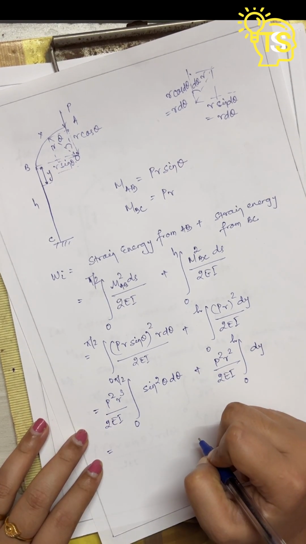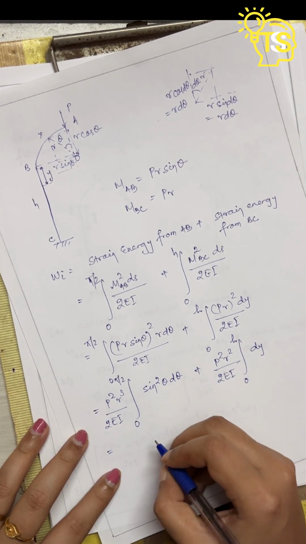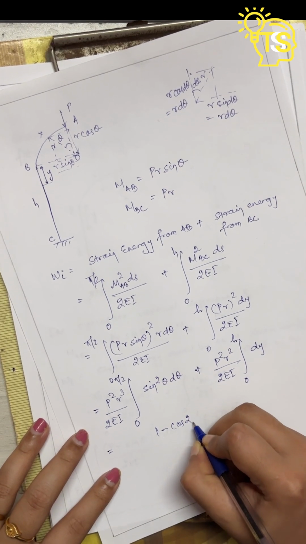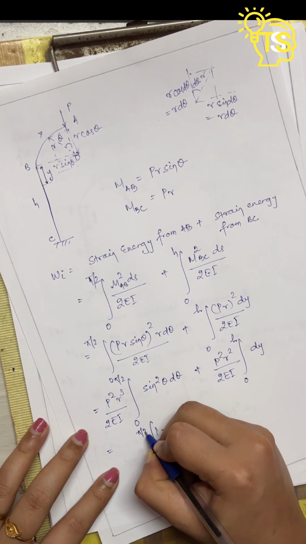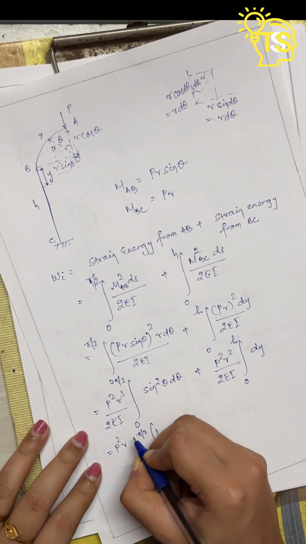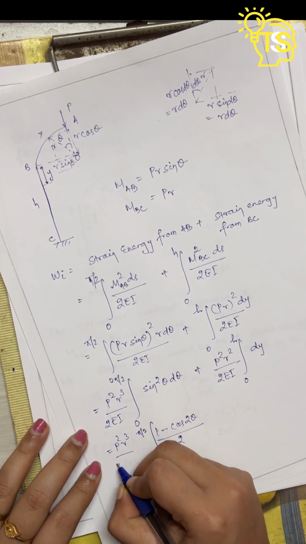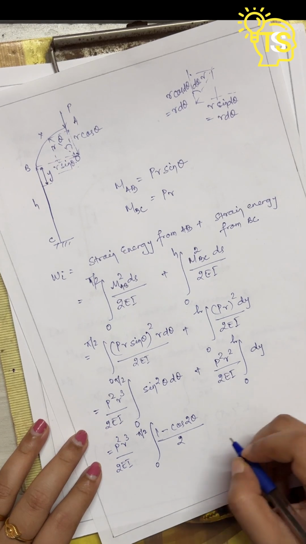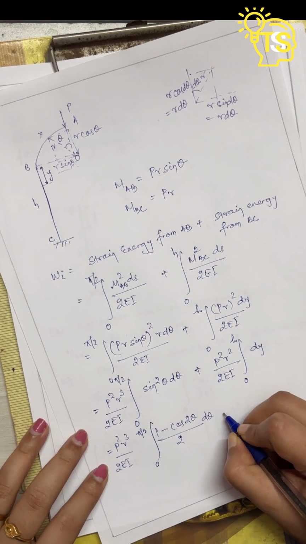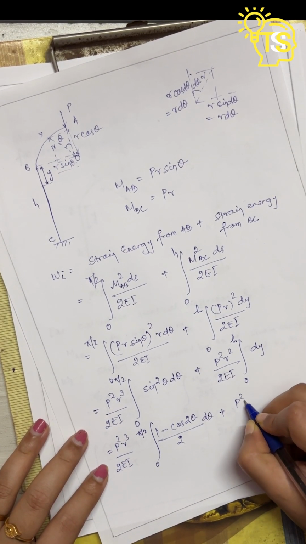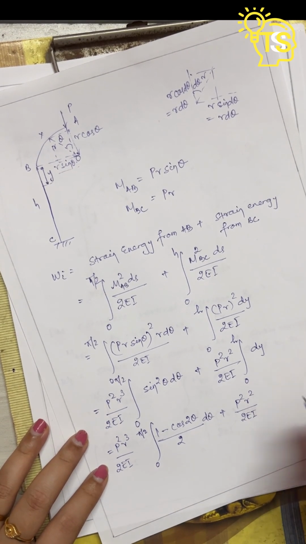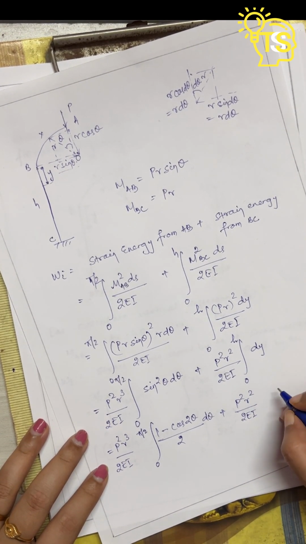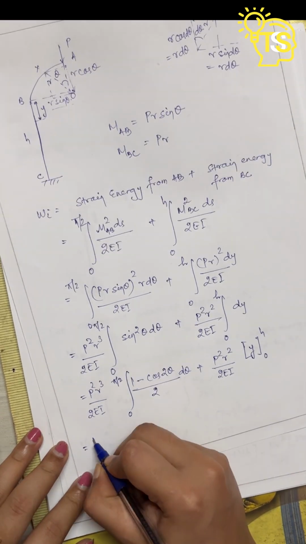Now the formula of sin square theta will be 1 minus cos 2 theta upon 2, integration from 0 to pi by 2. Here p square r cube upon 2EI will be outside the integration. Now the integration of dy will be y, the limit will be from 0 to h.